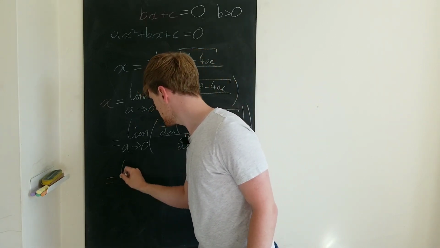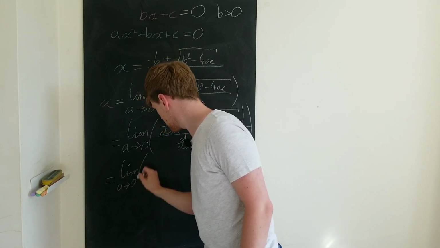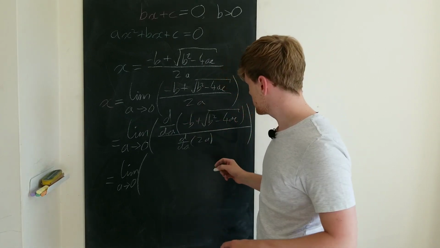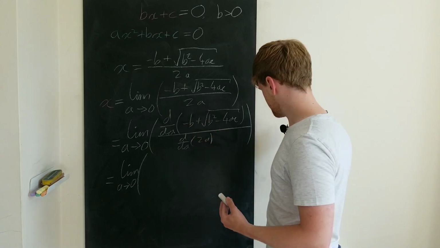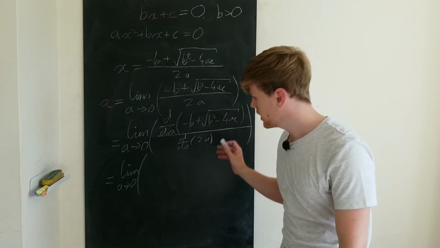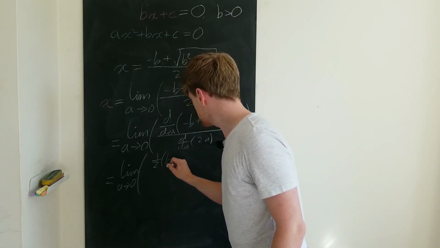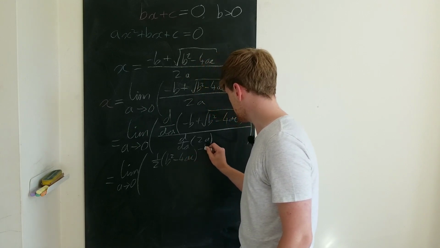And so this will be equal to, well, we'll do the numerator first, differentiating with respect to a, the constant disappears. Differentiating this part with respect to a, by the chain rule we'll first have half times b squared minus 4ac to the negative half.